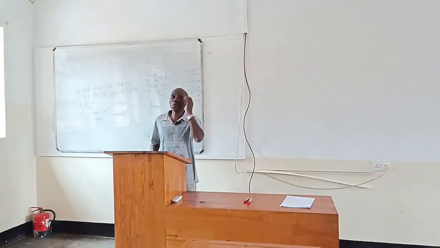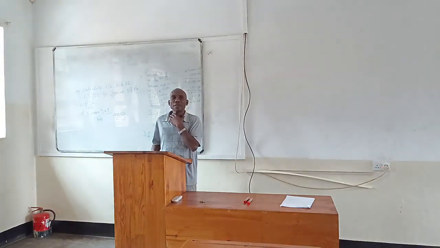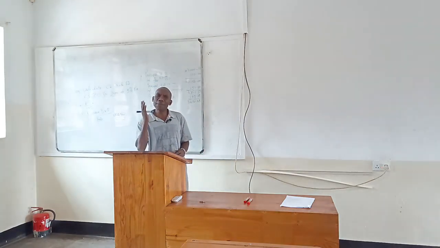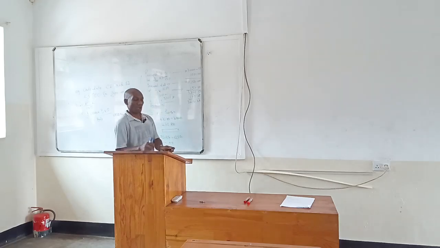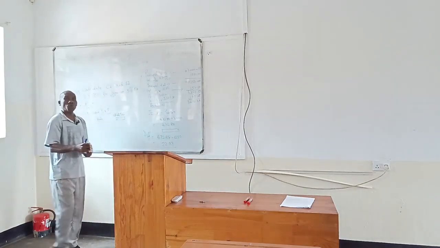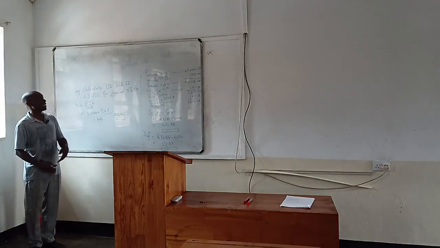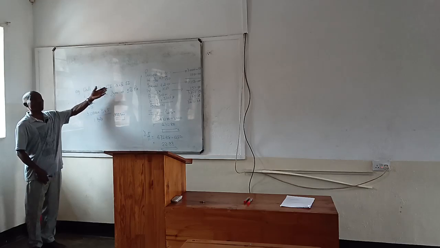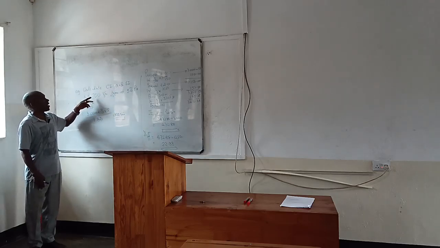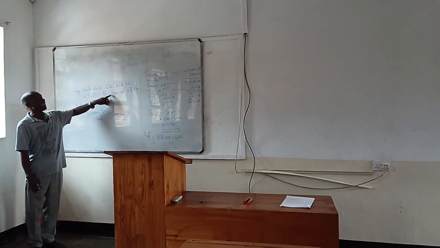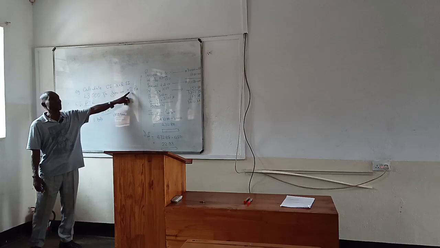Let me finish off with one last example. Take note of this one. Sometimes you can be given: work out compound interest of 3,000 kwacha for 30 years at 5%.